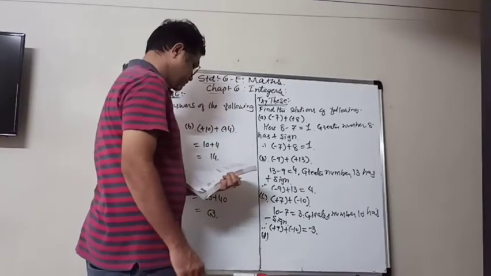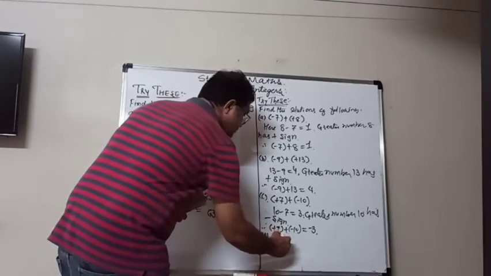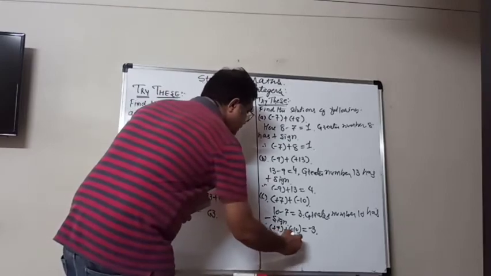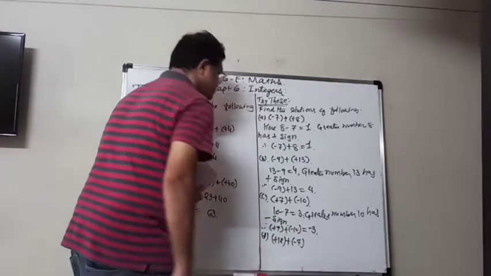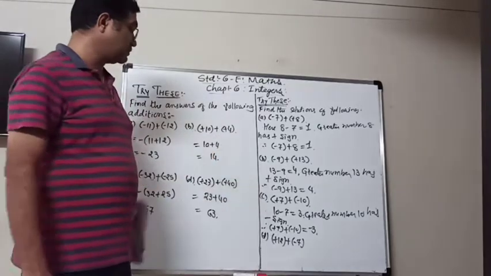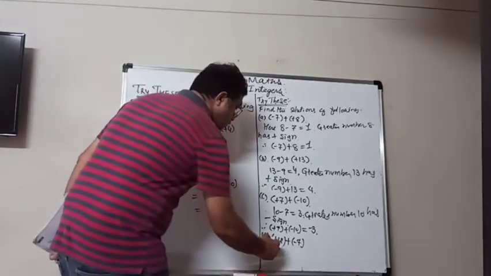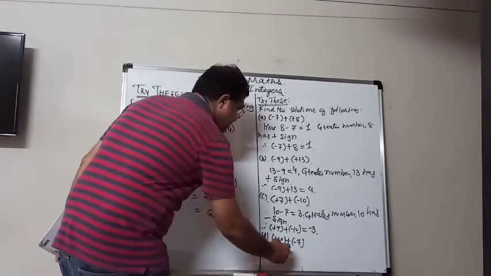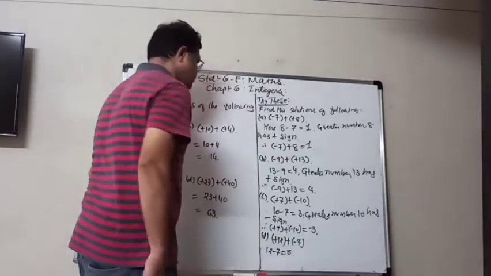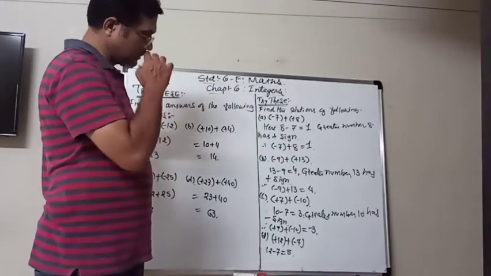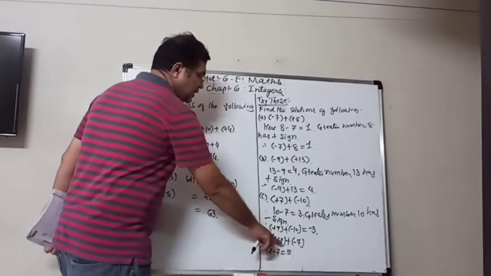D. Plus 12 plus minus 7. So now 12 minus 7 is 5, and the greater number has a plus sign.